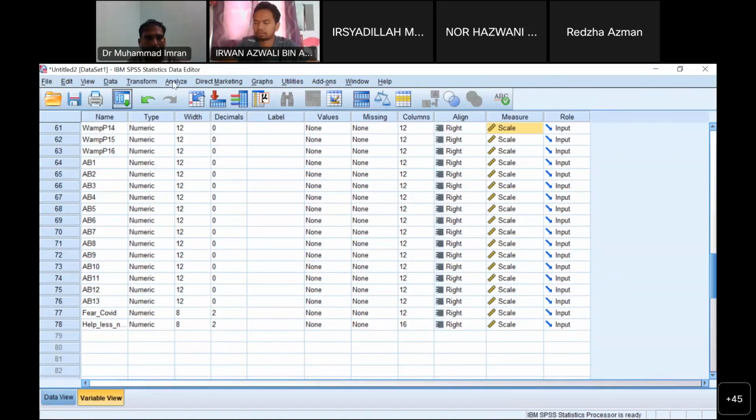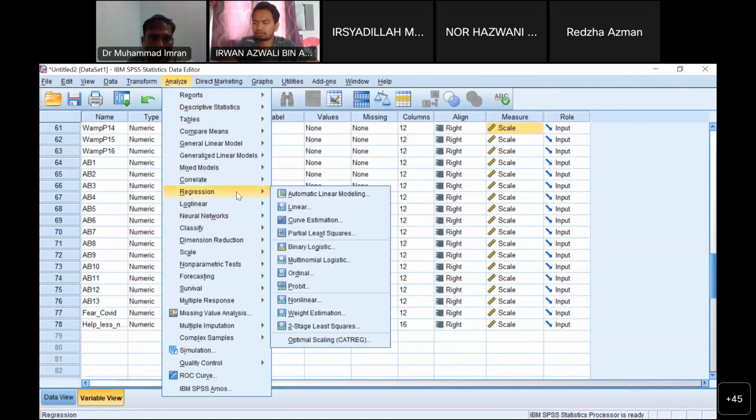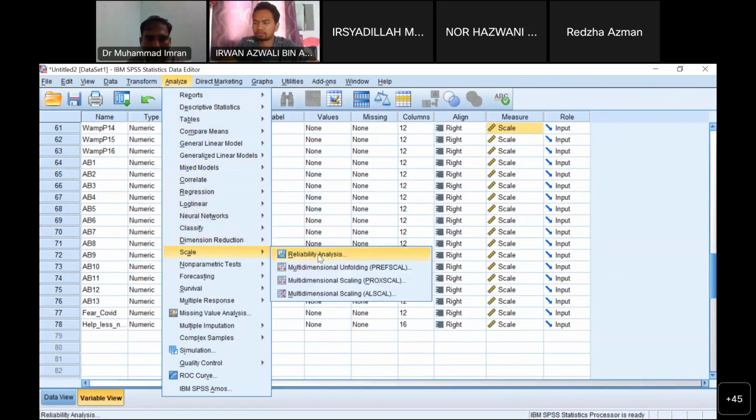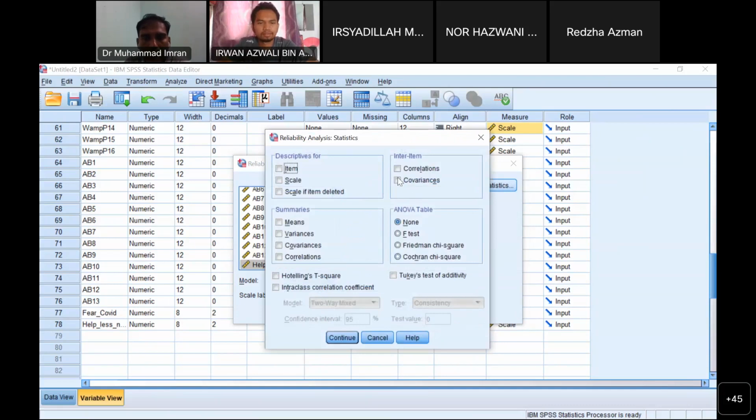Now here, okay. Go to the regression. Yeah, correlation, maybe. Oh, scale here, scale. First, COVID-19. Then we check the other one. Mean and variance, you also can get from here. Scale.